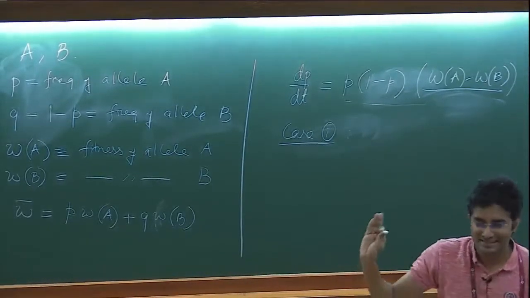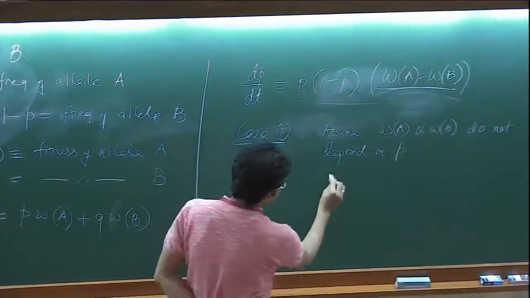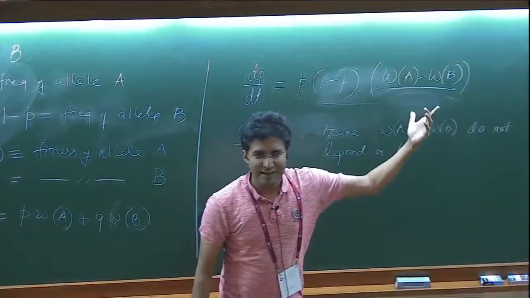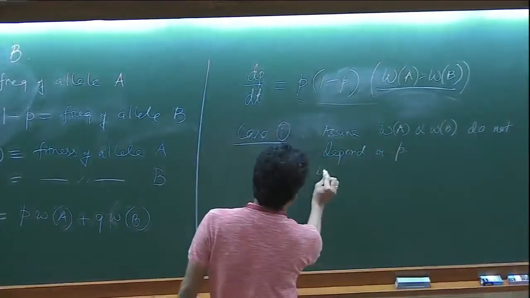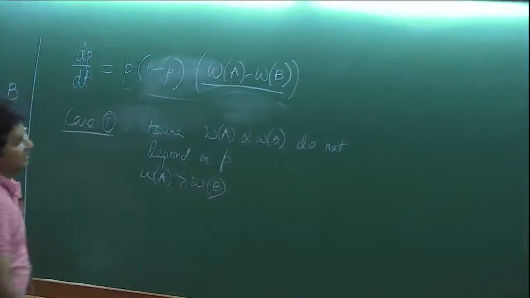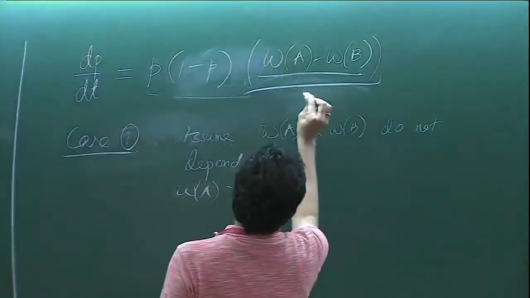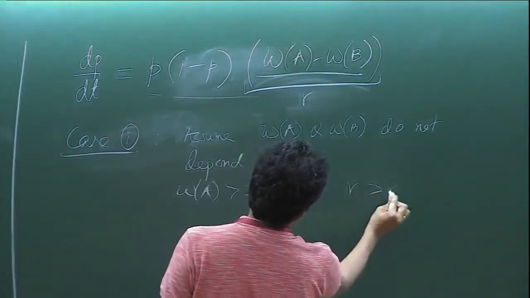Let us assume it doesn't depend on P. Then they are just constants, and one of them has to be greater than the other. Let's assume that omega A is greater than omega B. So therefore this is now positive. Let's call this R again. Then R therefore becomes positive.